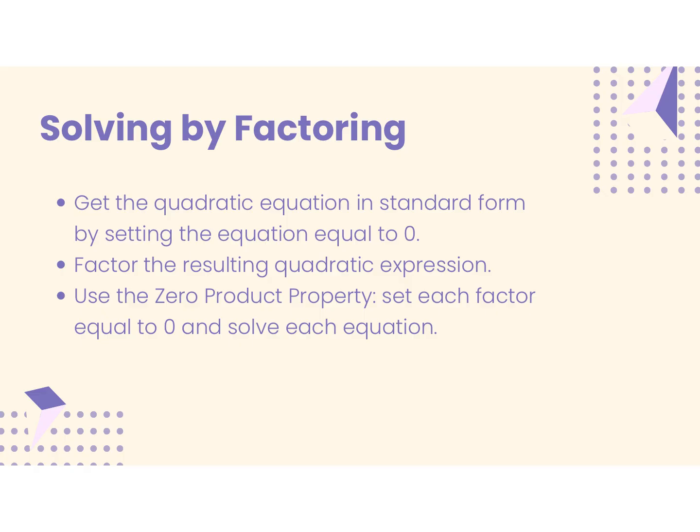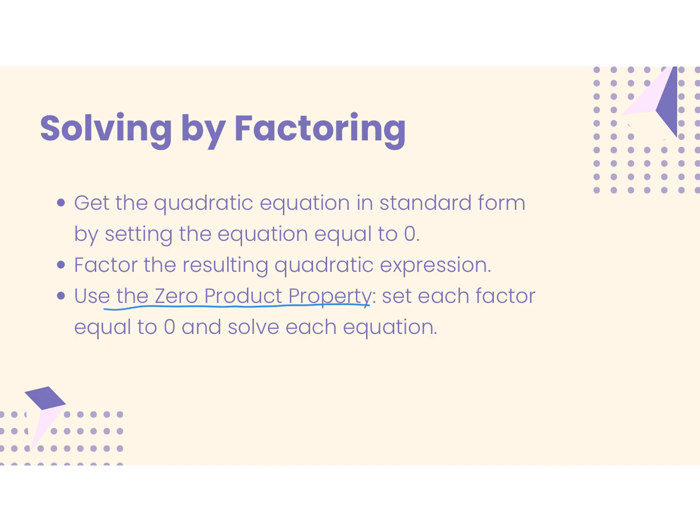When we're solving quadratic equations by factoring, we want to get the quadratic equation in standard form first by setting it equal to 0. And then you want to factor whatever expression is on the other side of the equal sign. And then we use the zero product property. All this property is saying is that we're allowed to set each of our factors equal to 0 and then solve each of those factors separately.